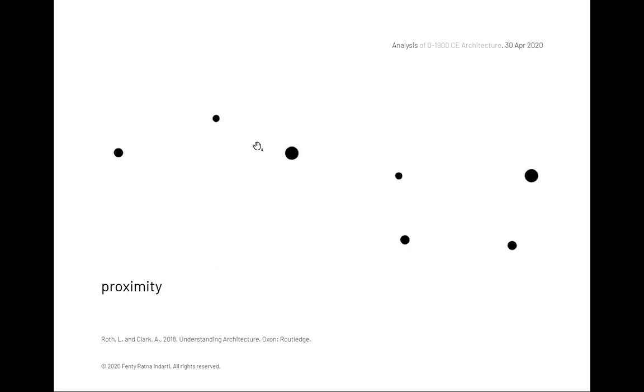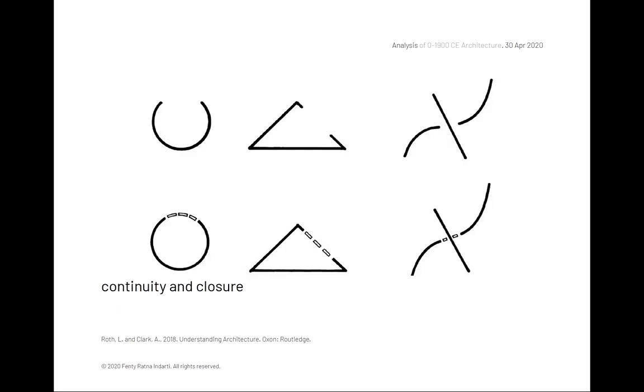And you can find this type of proximity based on the plan that you have, and then the elevation, the section, and so on. Find the proximity. And then repetition. It is easy to find repetition in all your buildings, how it repeats the same pattern again and again. And then continuity and closure. For example, this one is empty, so you can find that this is a space that is empty, and you can find a closure, and this is continuity.